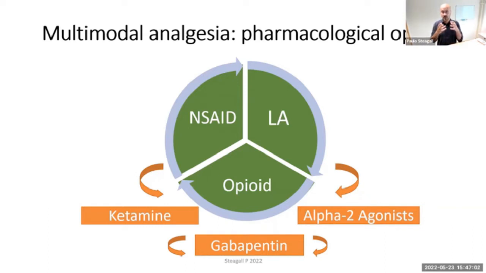And what we're trying to achieve with these drug combinations is a synergistic effect that will allow us to use lower doses of each class, and consequently, we're also going to try to prevent treatment-induced adverse effects in general. Something that we also have to consider is that multimodal analgesia is not only about drugs, it's also about the co-therapy, for example, the non-pharma therapies.